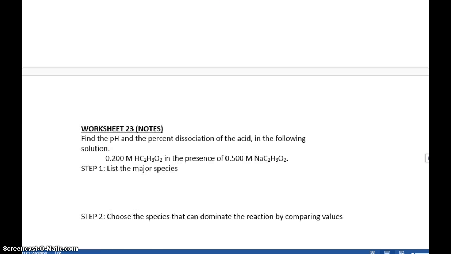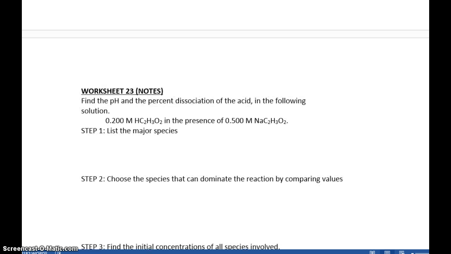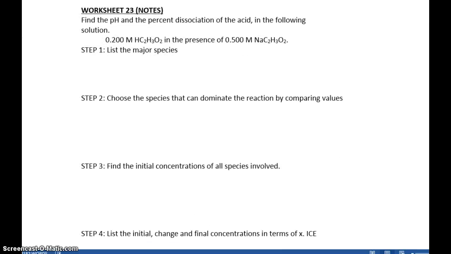And then finally, H plus we already have. That's what x is. But my pH is equal to the negative log of 4.50 times 10 to the minus 4th. So pH is equal to 3.347.